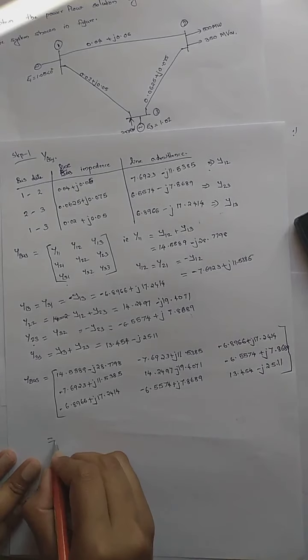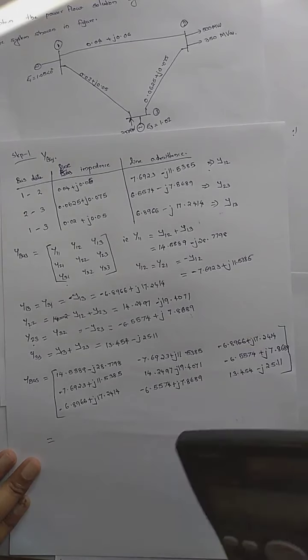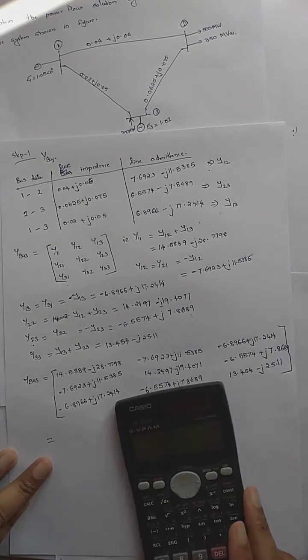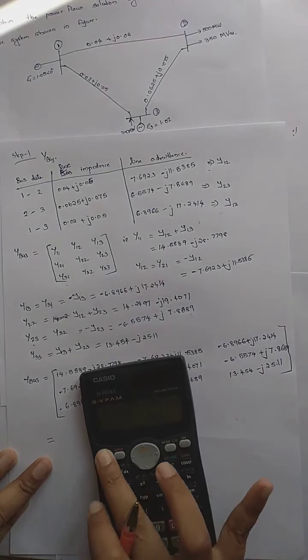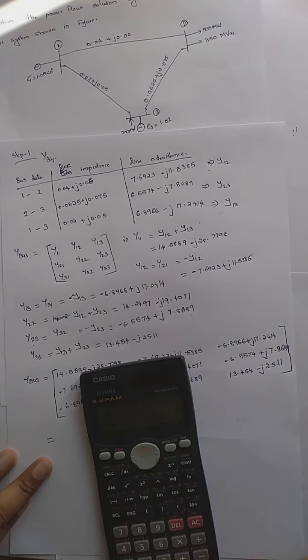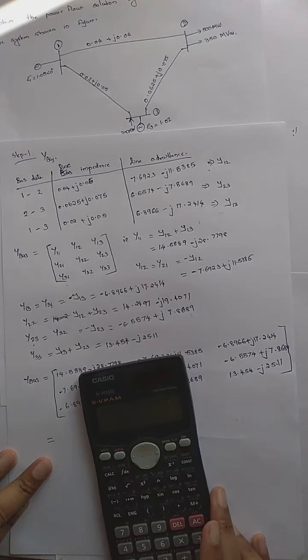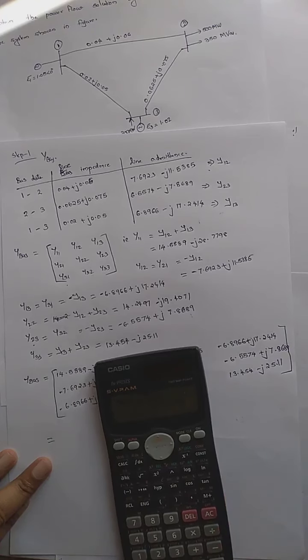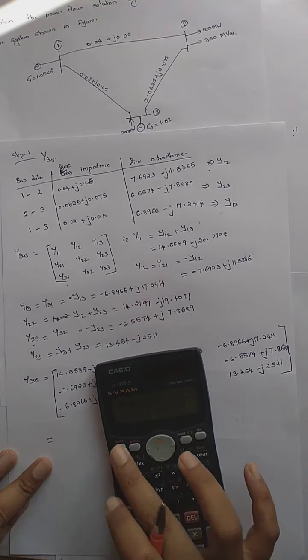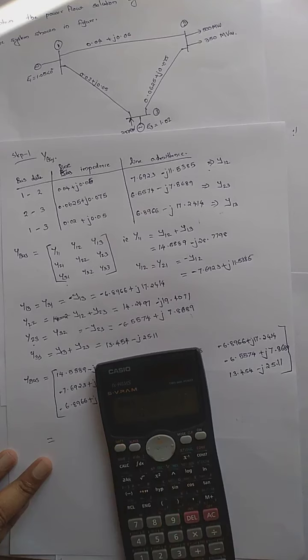Now I have to convert it into polar form, and that in radians. So shift answer to r theta, then I will get 28.48 at minus 1.087.